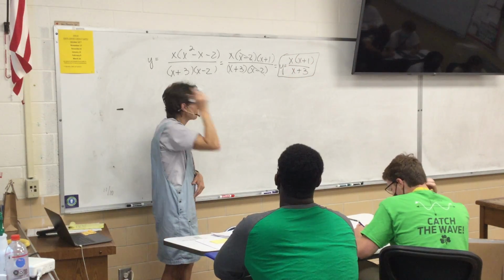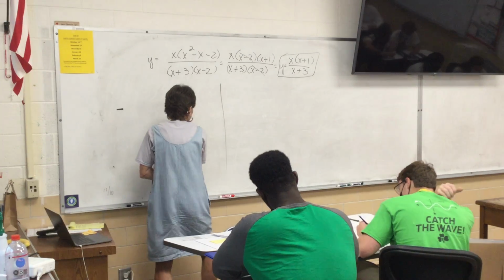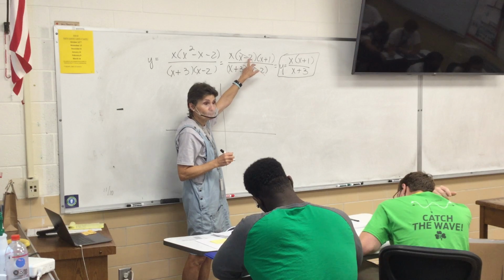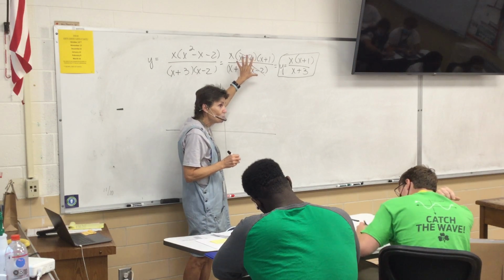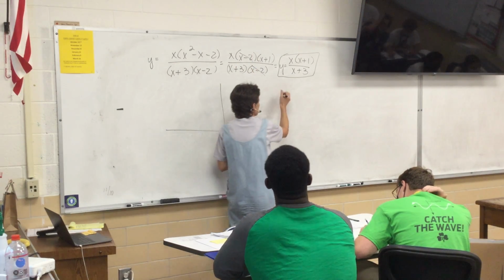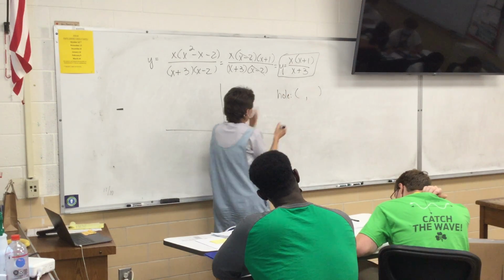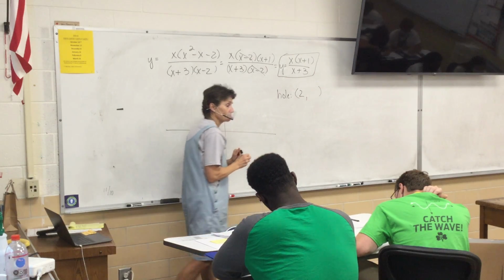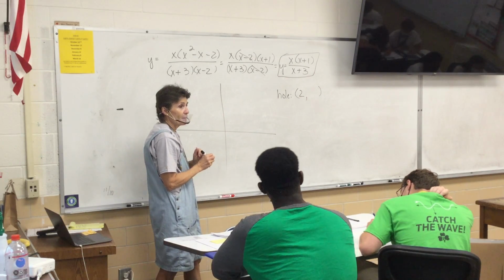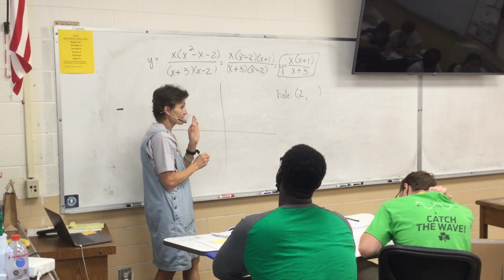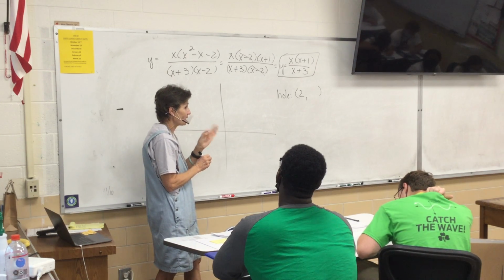But I have to remember that in the original problem, there was this factor, right? I removed it, so it's going to graph as a hole in the picture where x is 2. Now, the hole is a point, please don't put an asymptote at 2. It's a hole, it's an open dot.